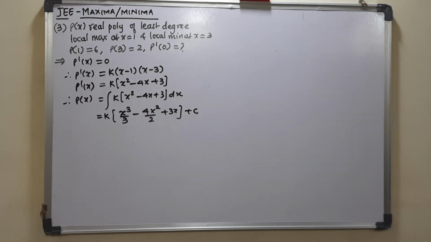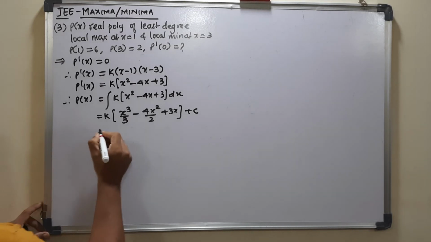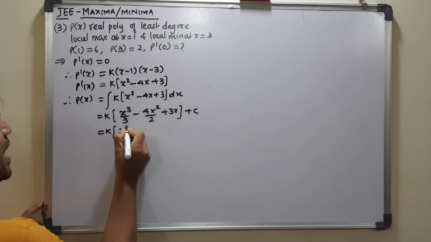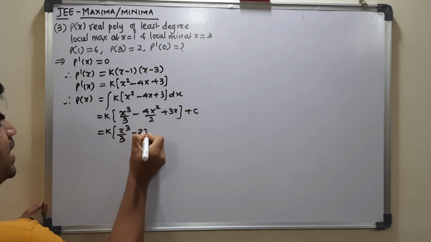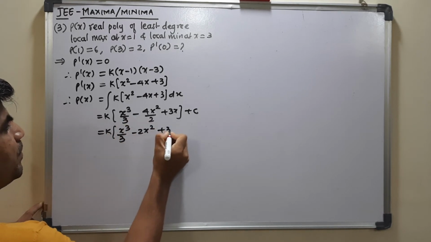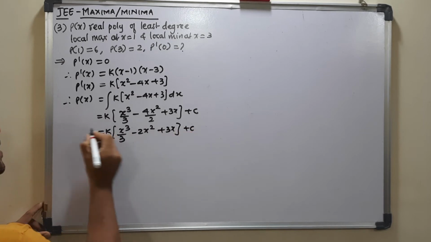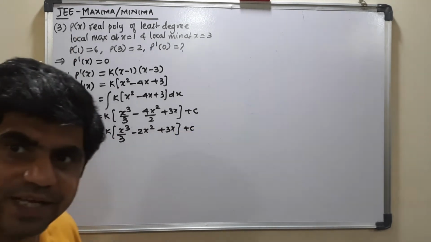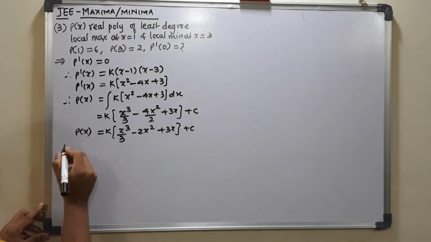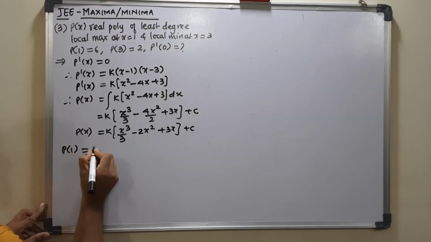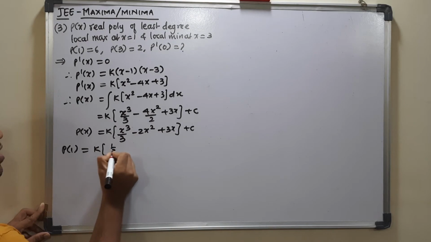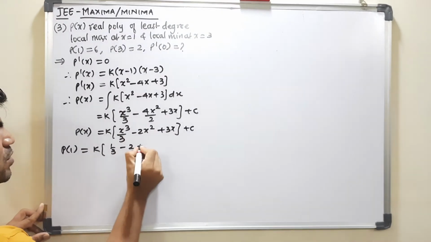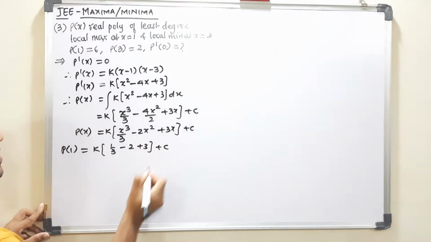Agreed? So I get this as the integration. Finally it turns out to be k into x cube by 3 minus 2x square plus 3x plus c, which is your p of x. And two values are already mentioned over there. That is p of 1. So here p of 1 will be k into 1 by 3 minus 2 plus 3 plus c.